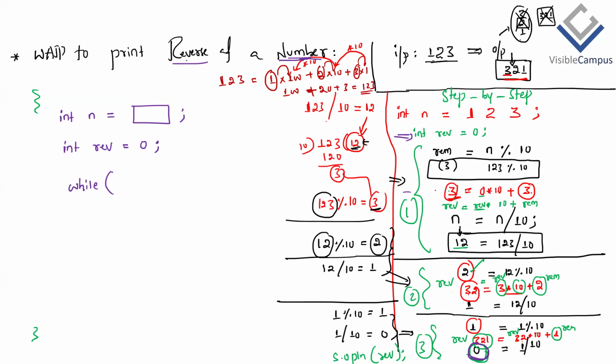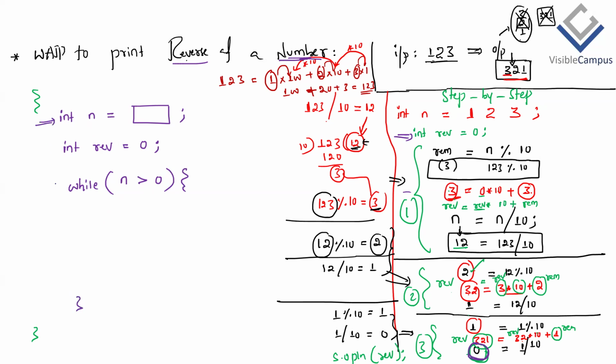Both are the same, right? Any confusion? So what is the condition I'm going to write? That n is a number, as long as this number is greater than 0. Equal to 0 means no, it will fail. It must be greater than 0 only. Then this is the while loop condition.